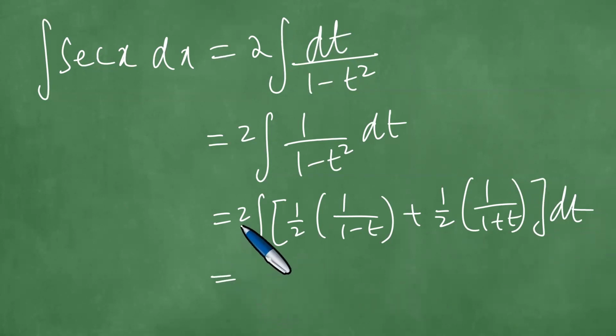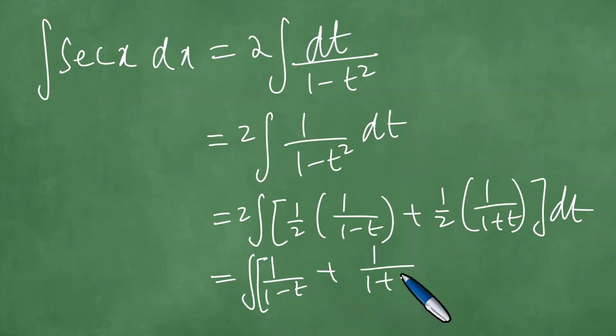Now, multiplying through by the 2, we get the integral of 1 over 1 minus t plus 1 over 1 plus t dt.